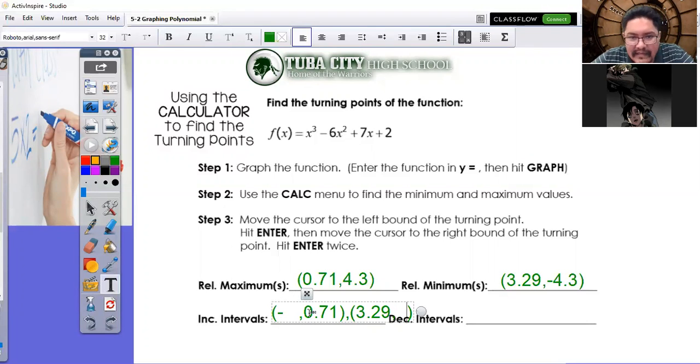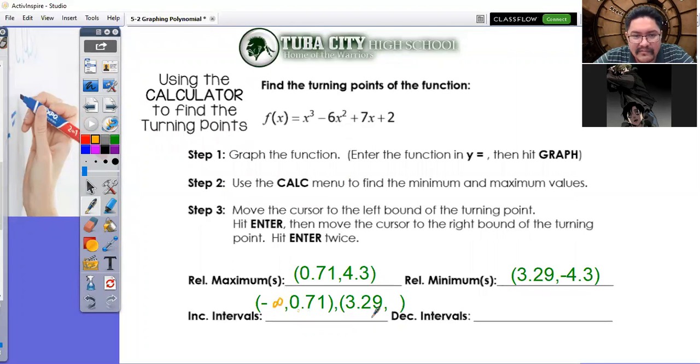Without any background information, this looks like an ordered pair. If there was negative infinity, I'm sure they could figure it out. But if there were regular numbers, no infinities in there, someone's going to say, well, that looks like an ordered pair. And it does. It does look like an ordered pair.